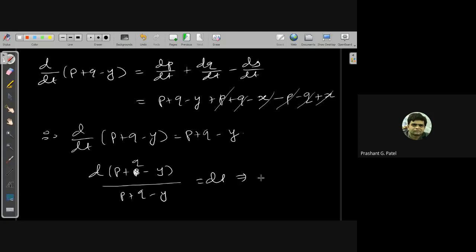If I take the integration, then it is ln of p plus q minus y is equal to t plus some constant C3. Now using the initial condition, what should be the equation we got? This gives me p plus q minus y is equal to some constant a into e power t.